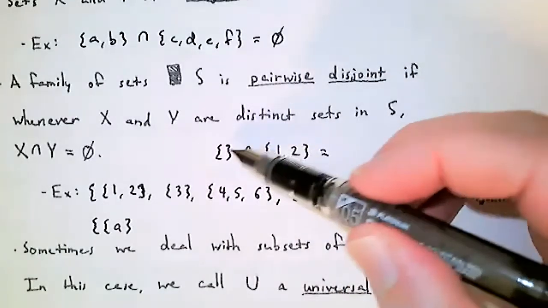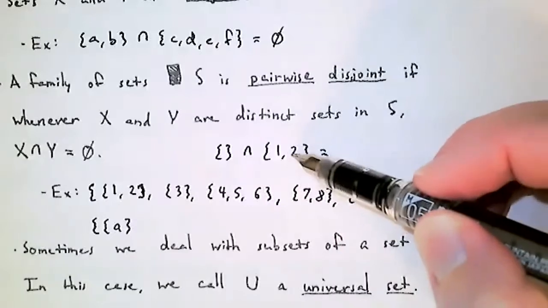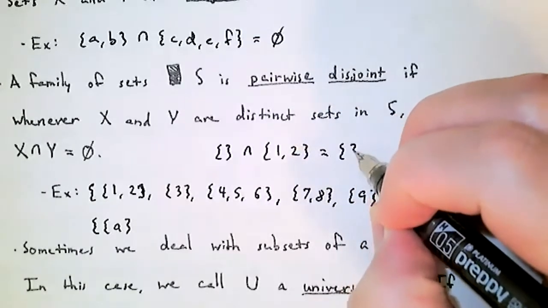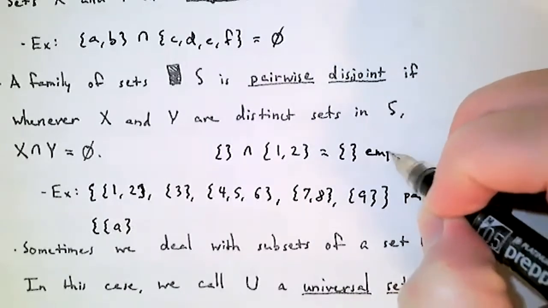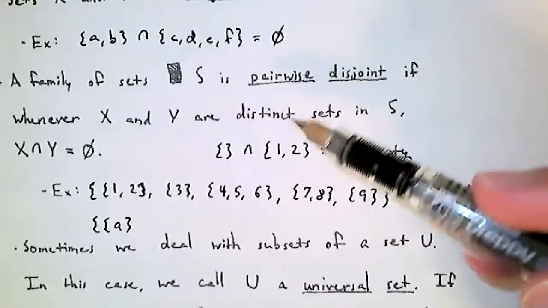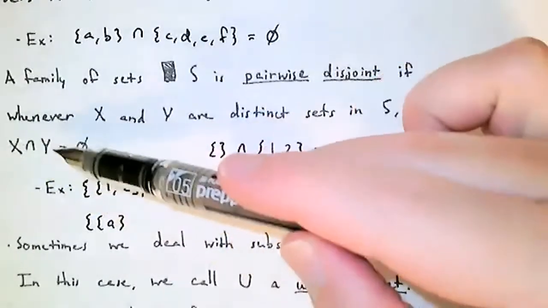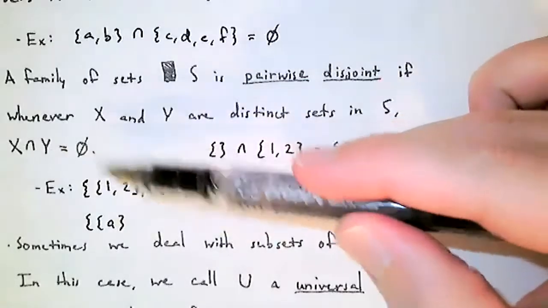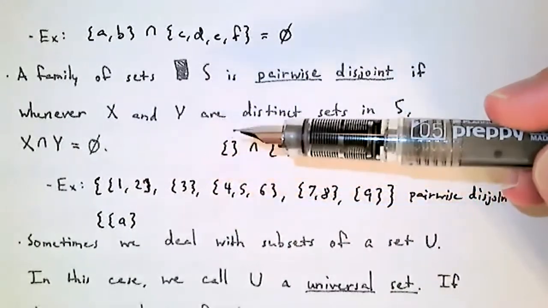Well, there's nothing in common because there's nothing in here that could possibly be in common with this set. So this is just the empty set. If you look at the intersection of the empty set with anything else, like I did here, it's always going to be empty. So that means the empty set is disjoint from everything, actually.